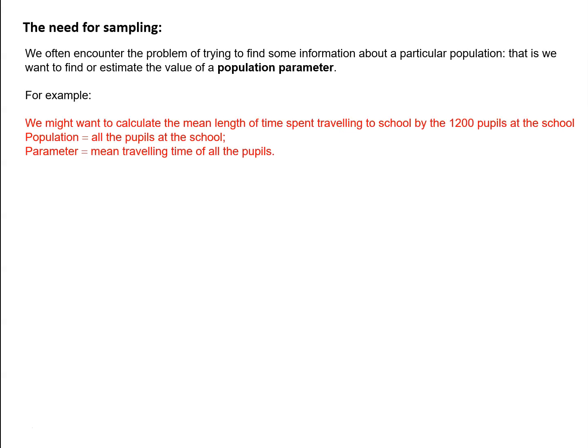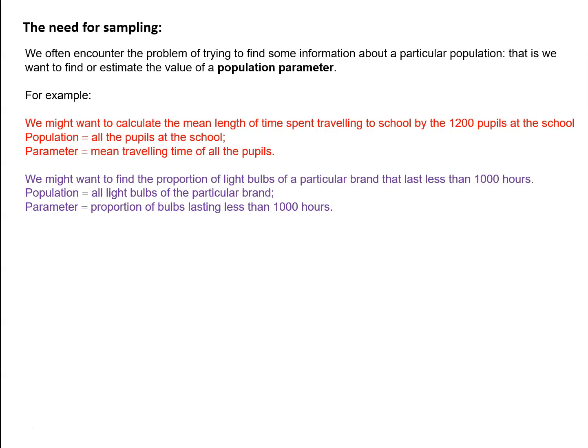So for example, we might want to calculate the mean length of time spent travelling to school by the 1200 pupils at the school. The population consists of all the pupils at the school, and the parameter that we're trying to calculate is the mean travelling time of all of the pupils.